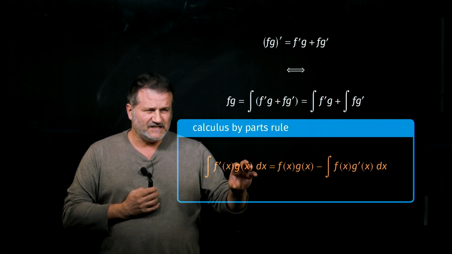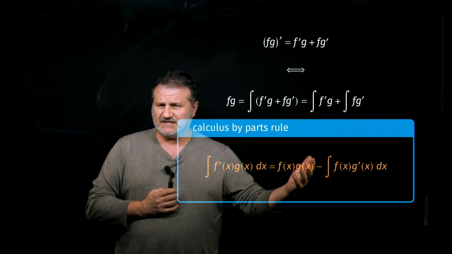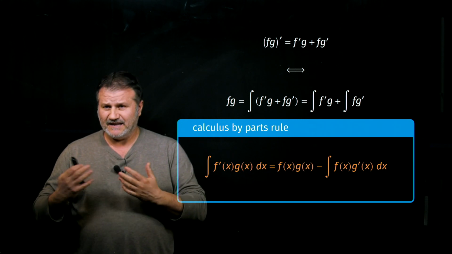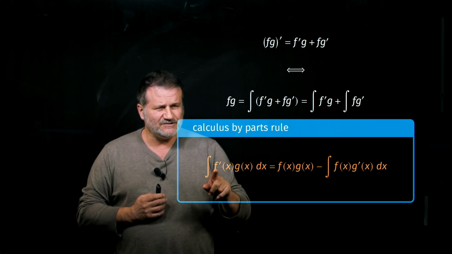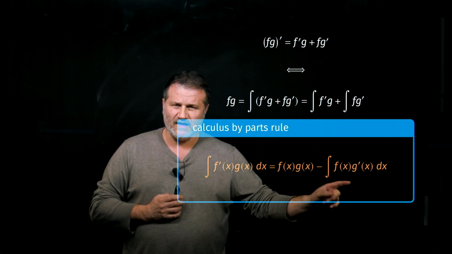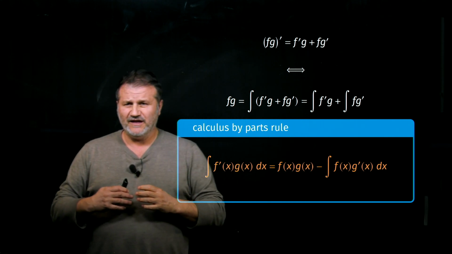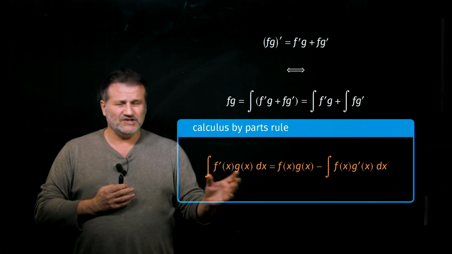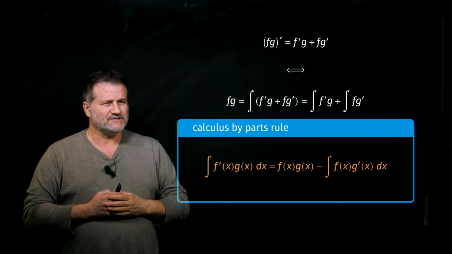Then, if this is the case, you can say that this primitive is equal to this product, which is explicit, so it does not require any further calculation, minus a new primitive where you can see that the derivative moves from the factor f to the factor g. Of course, the hope is that the new problem that we have to solve will be easier than the initial one. Let's see this on some examples.